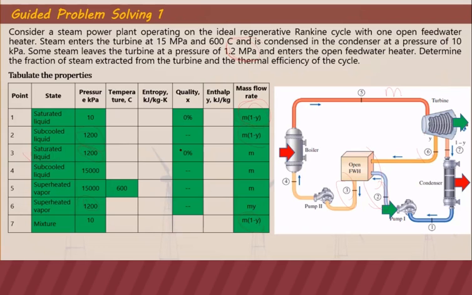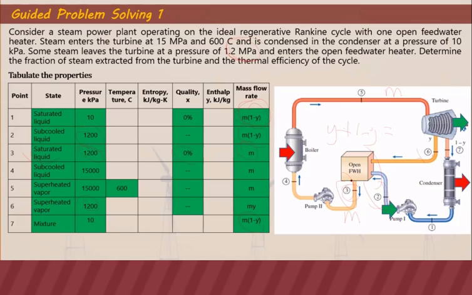The quality is 0 since this is a saturated liquid. For the mass flow rate, our 1 minus y will meet with y. So y plus 1 minus y will just equal 1. Therefore, at point 3, our mass flow rate is just equal to m. So that's why we have here m.